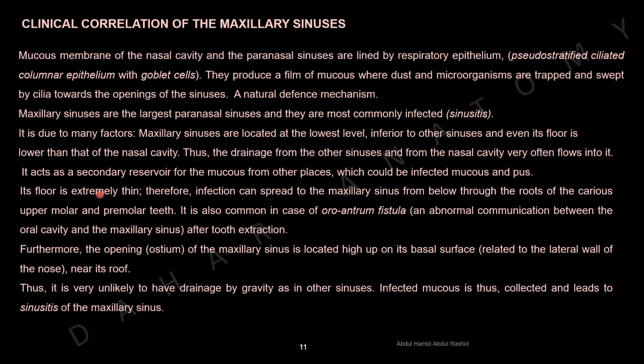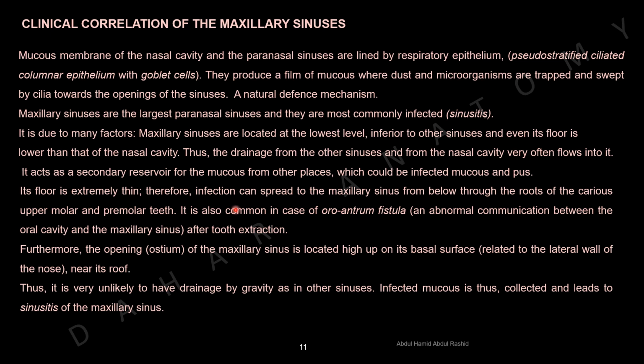It acts as a secondary reservoir for the mucus from other places, which could be infected mucus and pus. Its floor is extremely thin and forms the roof of the mouth.